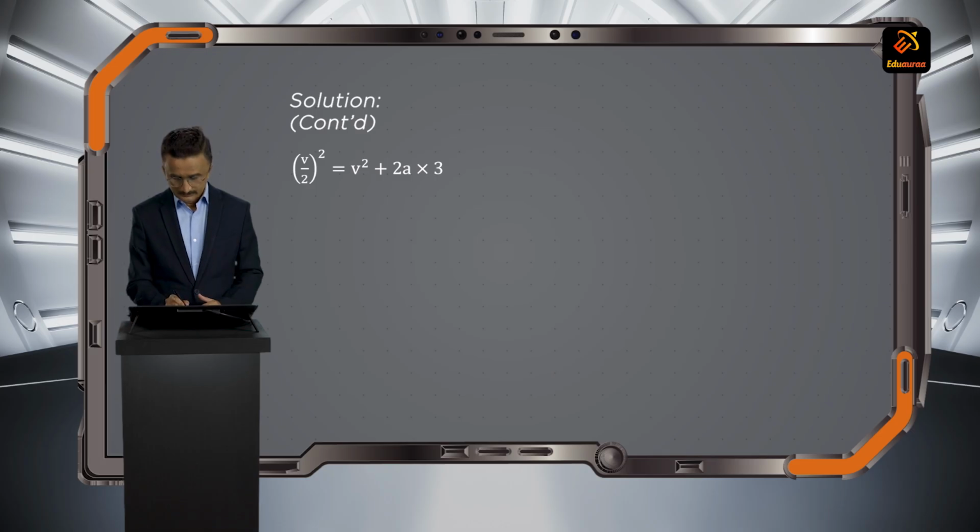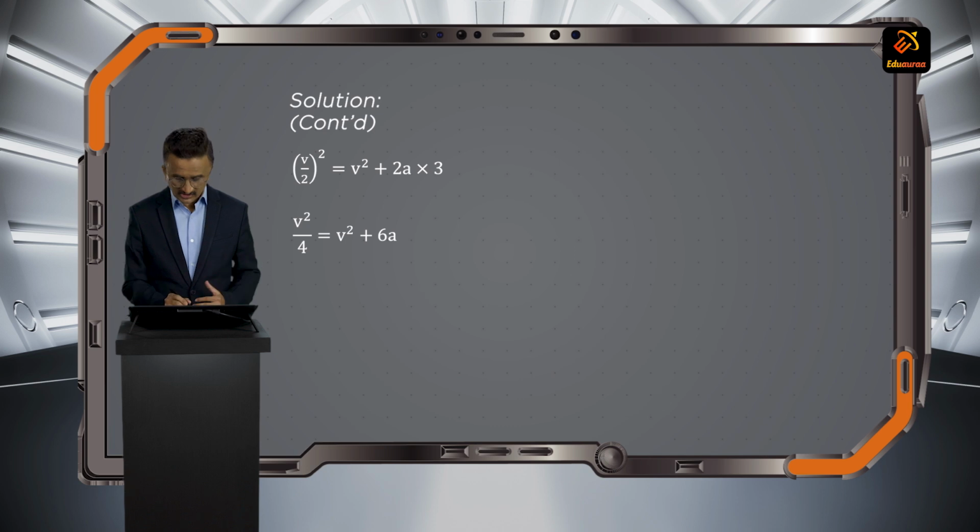Initial, it is v square plus 2a, acceleration we don't know, so I write 2a into s, the distance covered, which is 3 centimeter. So v by 2 the whole square, so it is v square by 4 is equal to v square plus 6a, 3 2s are 6a.